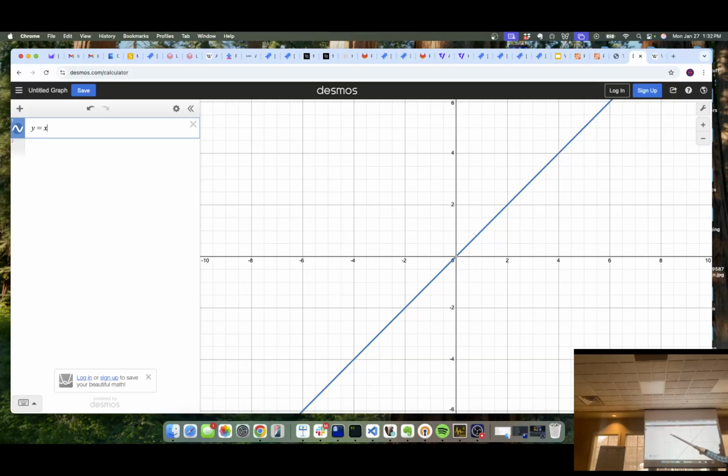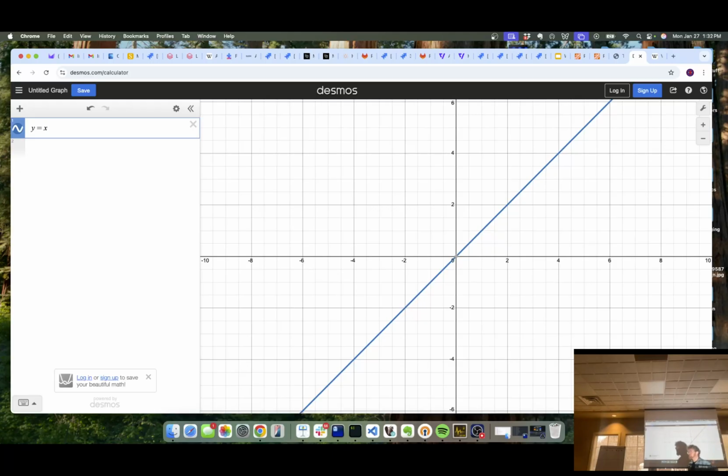So this function says whatever value x is, make y that same value. For example, at x equals 2, what should the value of y be? 2. And it is. Wherever the line intersects with the y-axis, that's the value of y. So at x equals 2, y also equals 2.